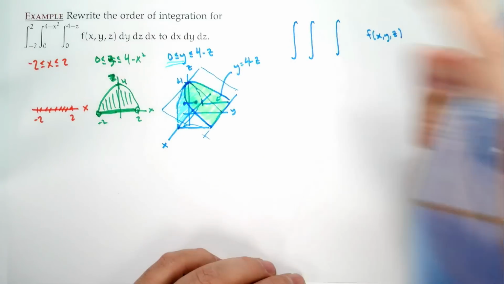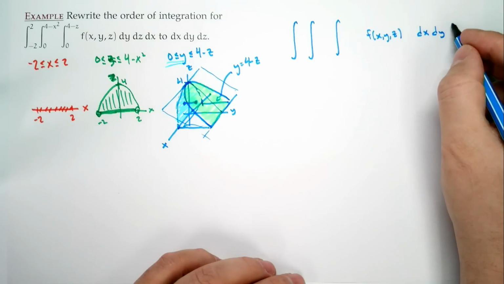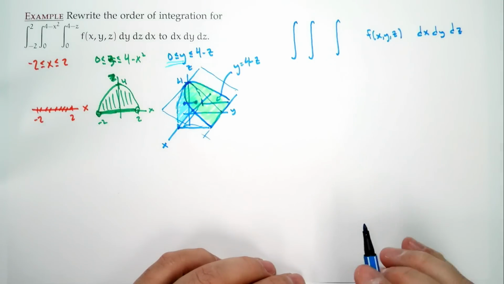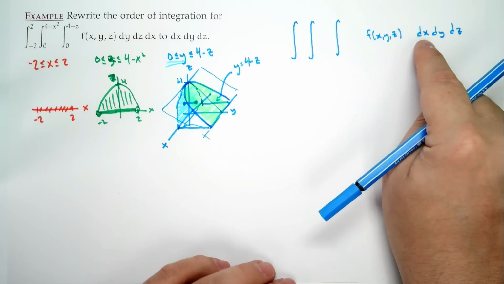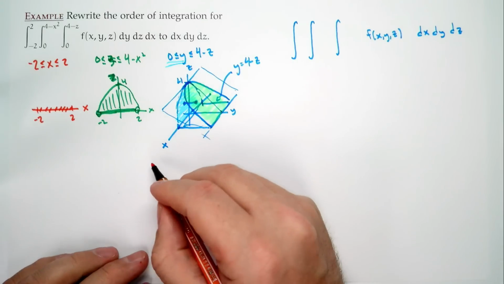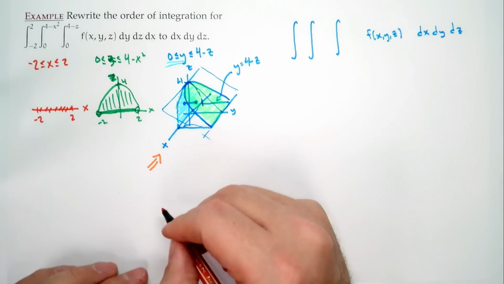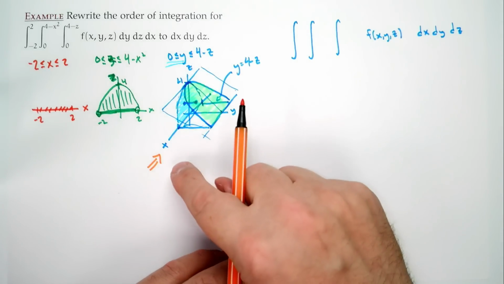And this is our order, dx, dy, dz. Now, the last thing we're going to set is x. So, if we're going to have x be our last thing to set, we're going to start by looking down here in the x-axis. So if we look in the x-axis, what do we see?